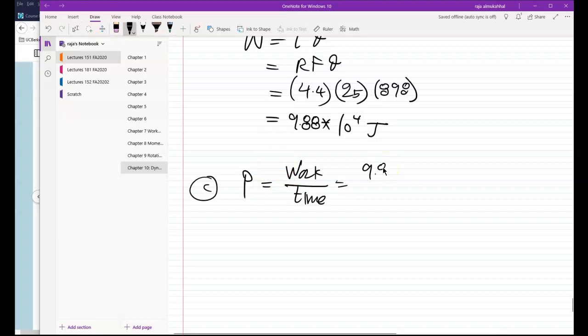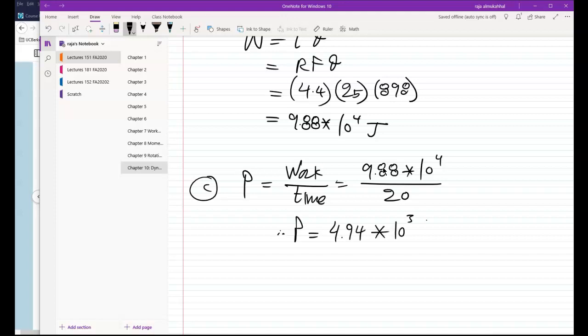It's going to be 9.88 times 10 to the 4th divided by 20, and therefore the power delivered to the merry-go-round is equal to 4.94 times 10 to the 3rd watts. Sorry, that's watt. Trying to erase that thing. There we go.